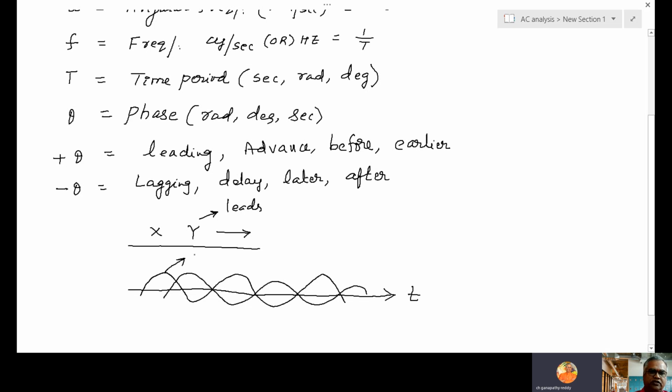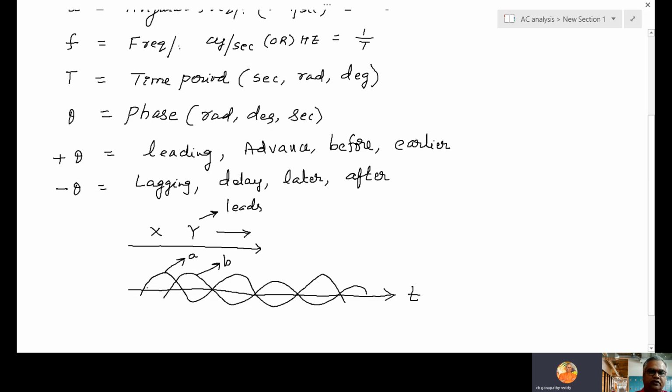Let us say this is signal A, this is signal B. So which signal is leading? If you apply a similar concept, you think that signal B is leading. But actually signal A is leading. Why can this concept not be applied here? There, what is this? Distance. Here, what is the x-axis? Time.